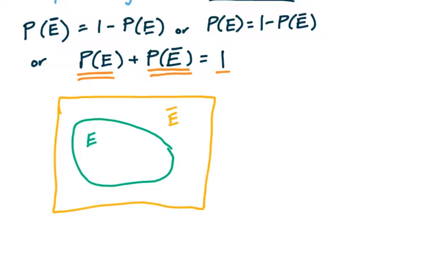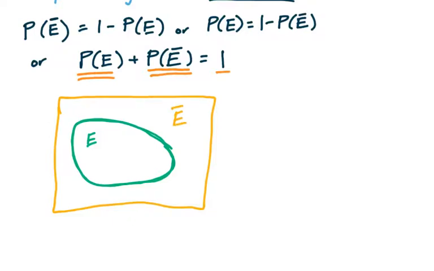So one way to kind of visualize this is if we have, as I've drawn here, an event that is some subset of the whole entire set of outcomes, we'll call it E, then the complement of that is everything else in the sample space that is not one of those outcomes.